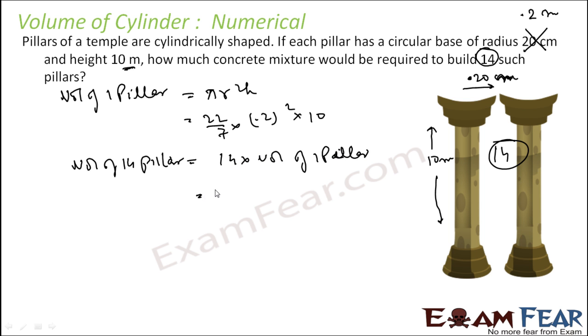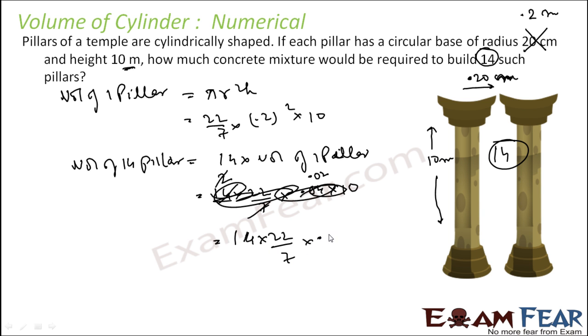Common sense. This becomes 14 into 22 by 7 into 0.2 square is 0.04, which is 4 by 100, into 10.